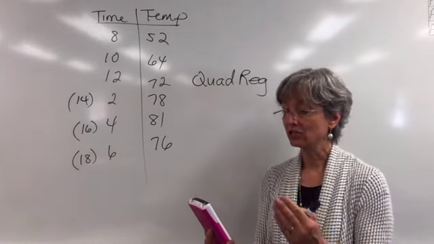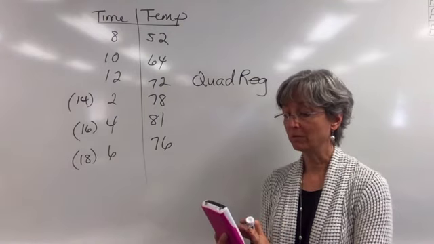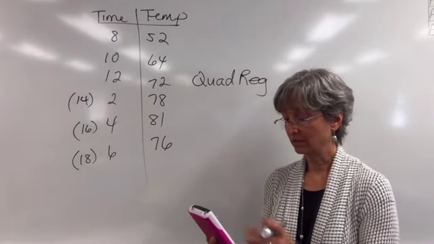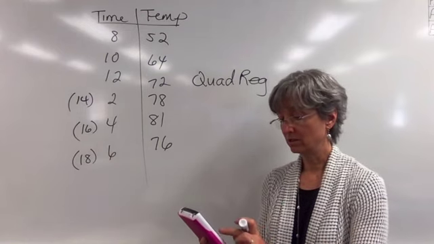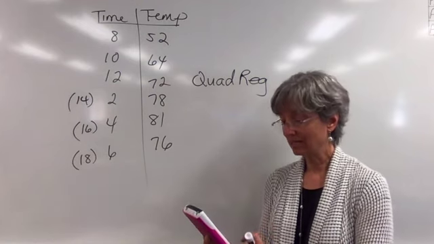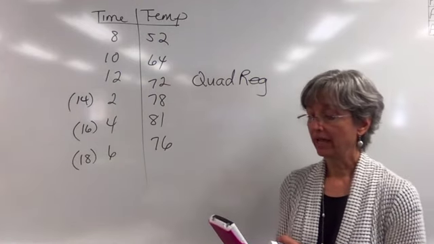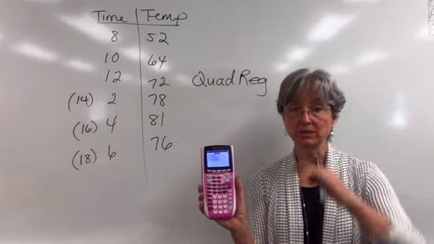And then it asks you, do you want to use L1 for the X and L2 for the Y? Make sure that those are selected. So I have to change mine because mine's kind of messed up. And I want this to be L2. There we go. And now I go down to calculate and I hit enter. And it shows y equals ax squared plus bx plus c at the top.